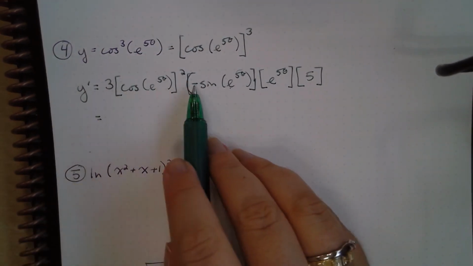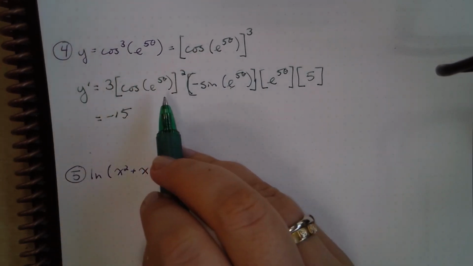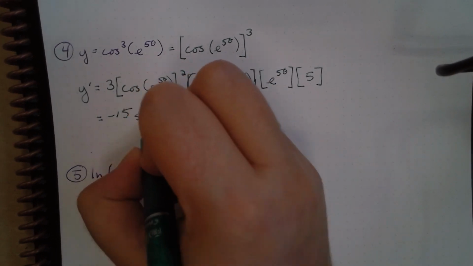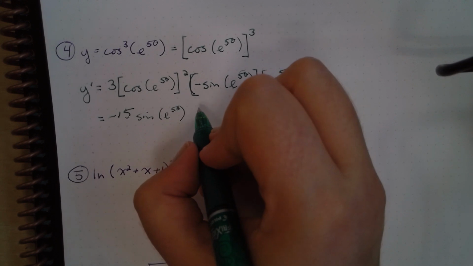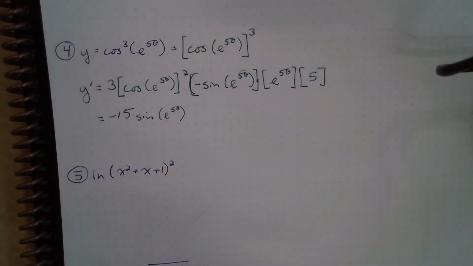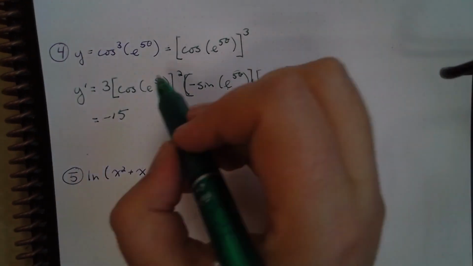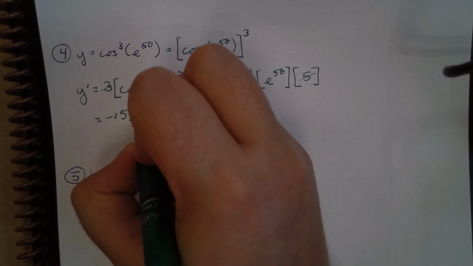So I've got 3 times a negative times 5 is a negative 15. I guess how do I want to write this? Sine of e to the 5 theta. Oh, no, I don't want to write that. Okay, I'm negative 15. So I've got this taken care of. And then I'm going to put my e to the 5 theta.